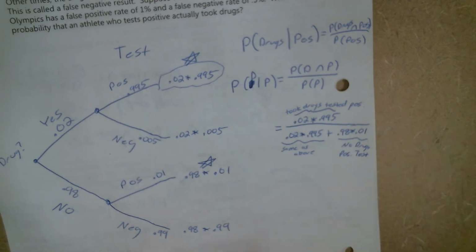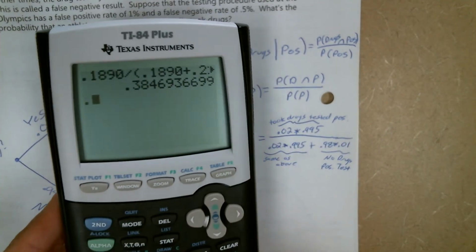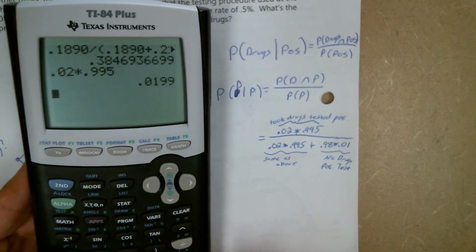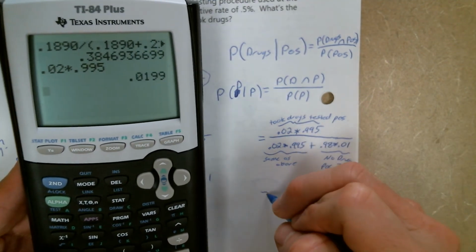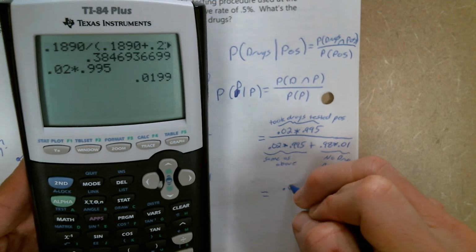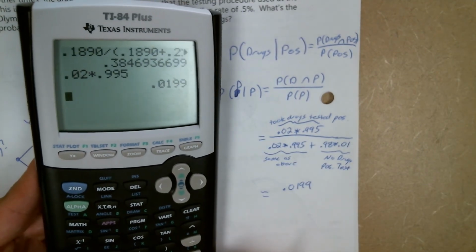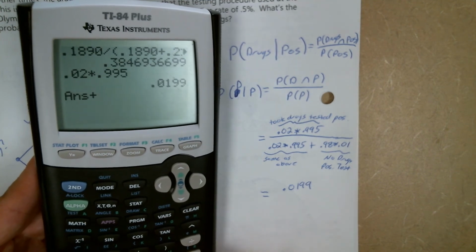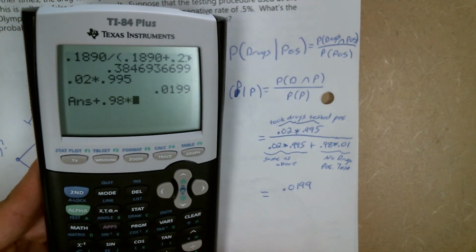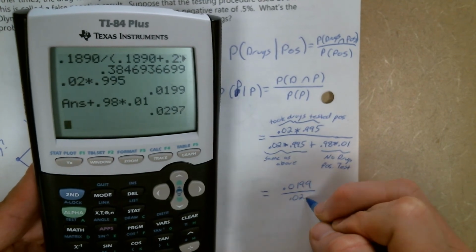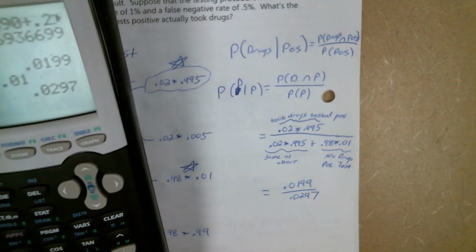All right, so if we multiply these out, we've got 0.02 times 0.995. So that gives us 0.0199. And then the bottom is just that same number again, plus 0.98 times 0.01, or 0.0297.